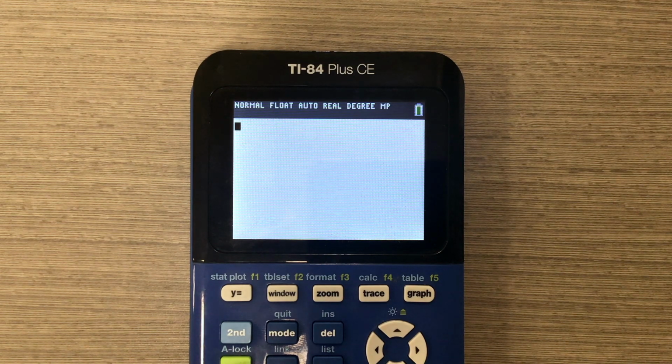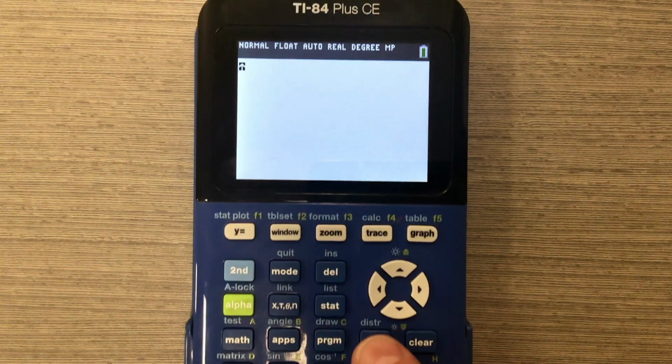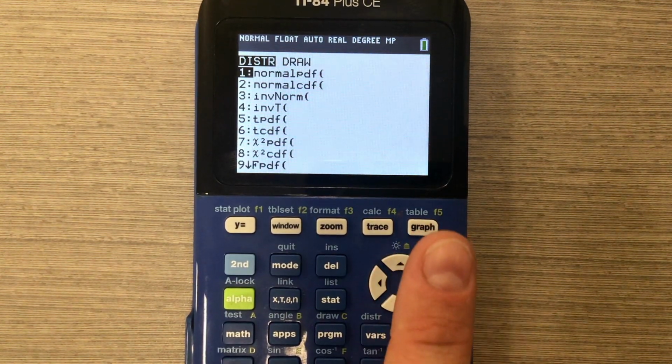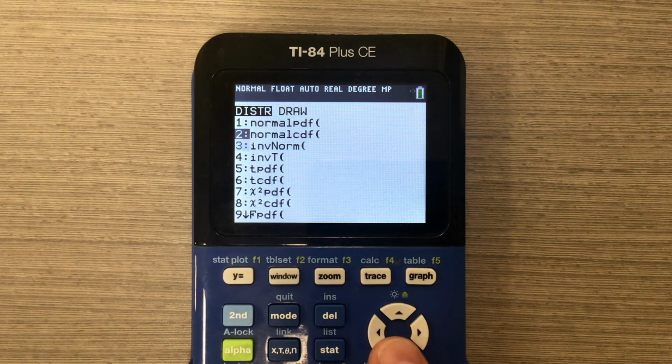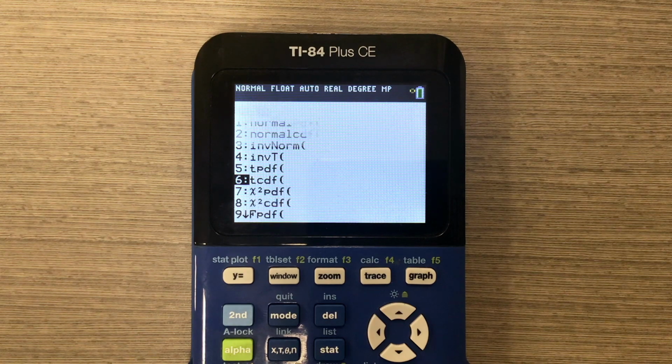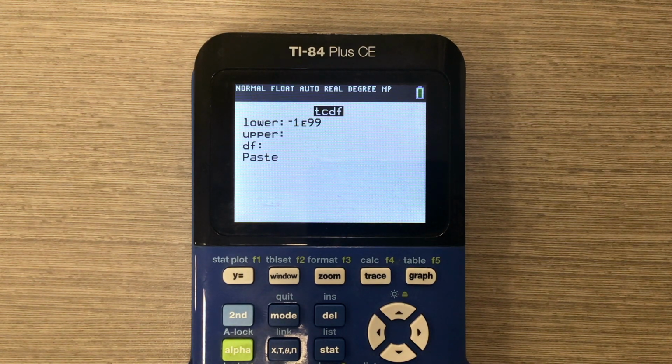If you don't remember, we can do that with our distribution list. So if you hit second and then vars, which you'll see the DISTR up below it, that's the distribution list, we are dealing with a tcdf. We want to do a cumulative CDF function here. And in this case, our t-value is negative, so we're going to go ahead and calculate the left tail of this, okay?